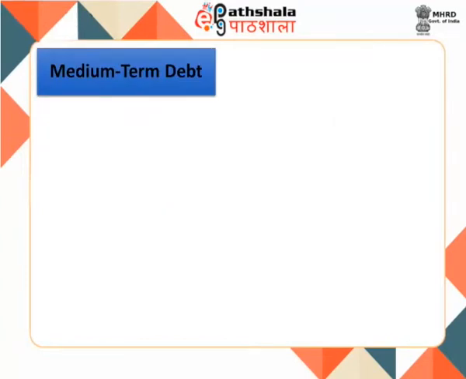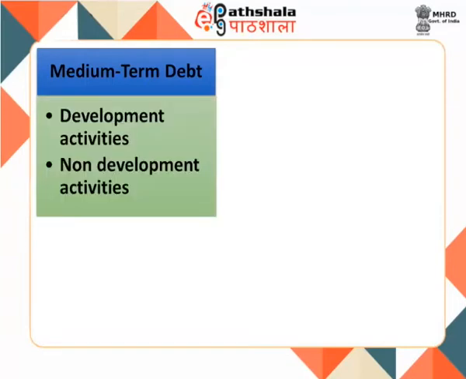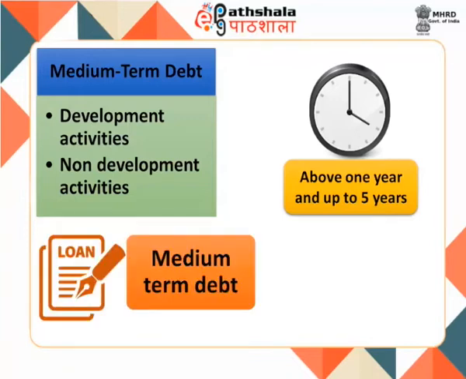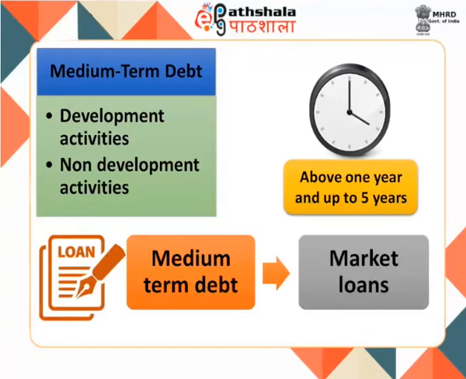The government may borrow funds for medium-term needs. These funds can be used for development and non-development activities. The period of medium-term debt is normally for a period above 1 year and up to 5 years. One of the main forms of medium-term debt is by way of market loans.